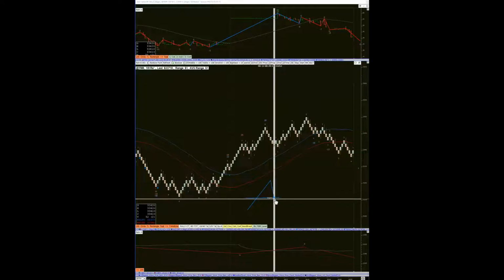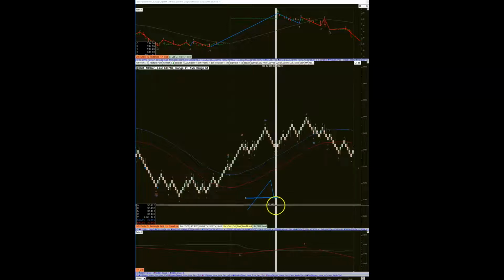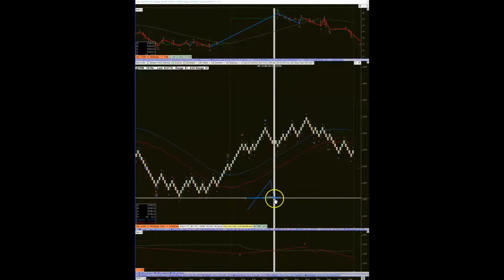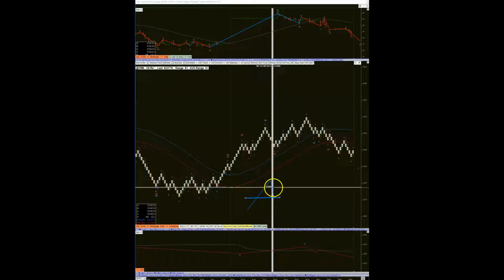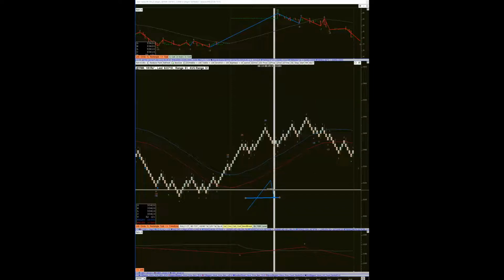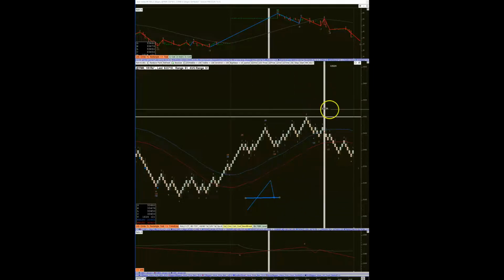If it retraces less than that, that means supply is weak. If it retraces more than that, that means supply is getting stronger. So if it retraces 70%, that means supply is getting stronger. If it retraces only 30%, that means supply is weak and it has a tendency to go up.